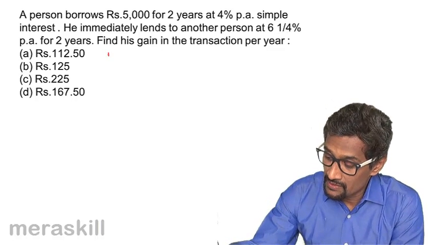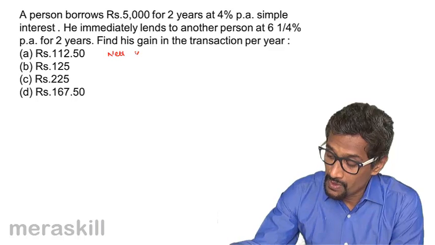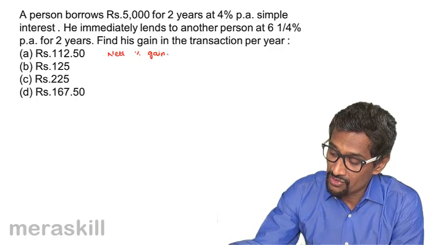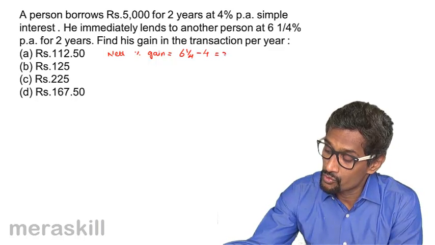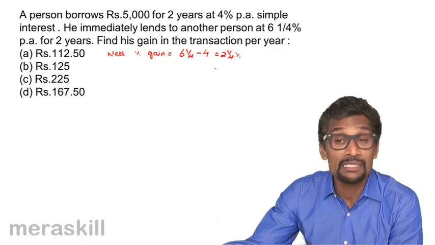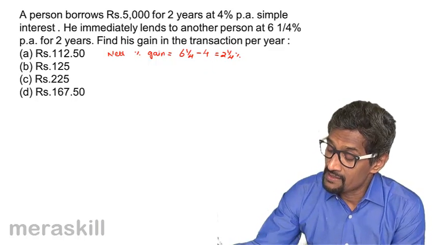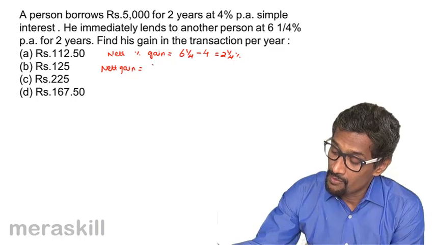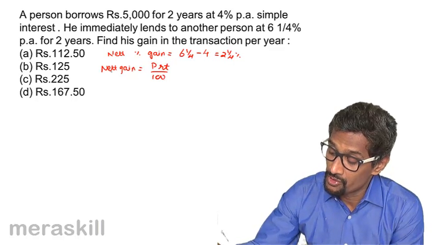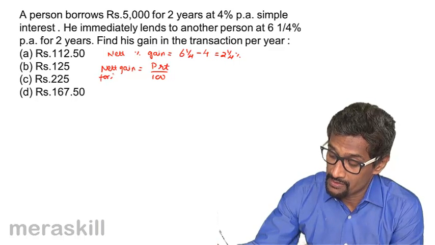So net percentage gain is actually 6.25 minus 4. That is 2.25% is his net gain. And hence the net gain that he has is nothing but PRT upon 100. This is going to be net gain for 2 years.